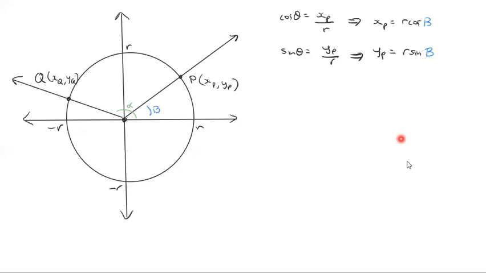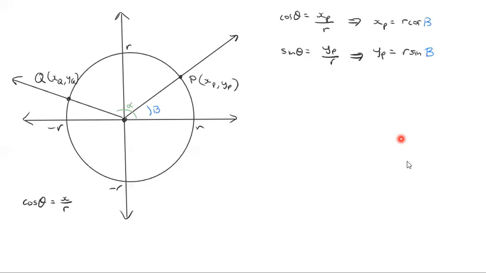So let me ask you, by definition, what is cosine theta? Oh, so it's x over the radius. Right. Cosine theta by definition is x over r, right? Yeah. So how are we going to use that to help us find the x coordinate of Q?